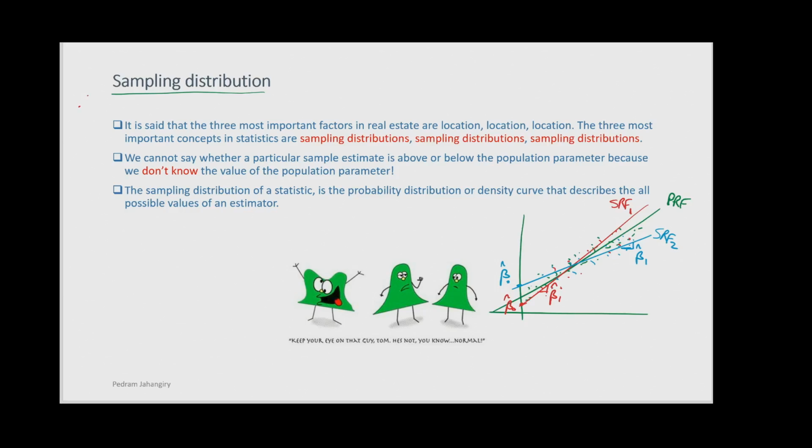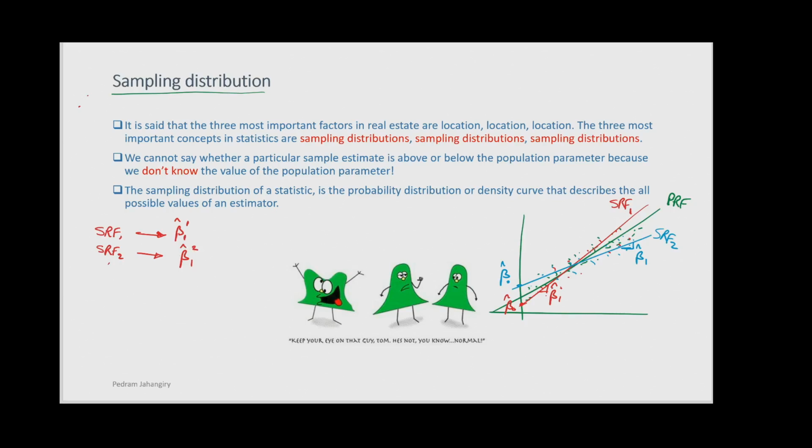But let's say I do this sampling, I use these different colors thousands of times, right? So for my SRF1, let's only focus on beta hat 1. I have one beta hat 1, right? For SRF number 2, I have another beta hat 1, right? So let me use a superscript to distinguish between 1 and 2. So this is beta hat 1 superscript 1, beta hat 1 superscript 2.